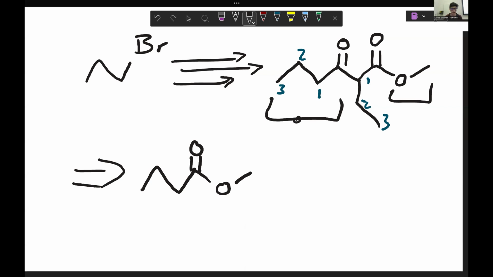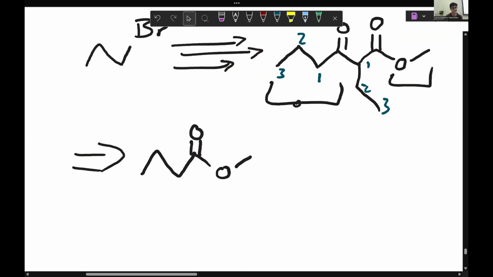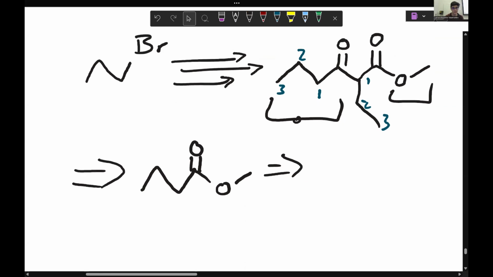We got a Claisen. From here, this is an ester, and we can go a couple different directions with that. But now let's look back at the reactants and see how we can get from this alkyl halide to an ester. Does anyone have any ideas there?